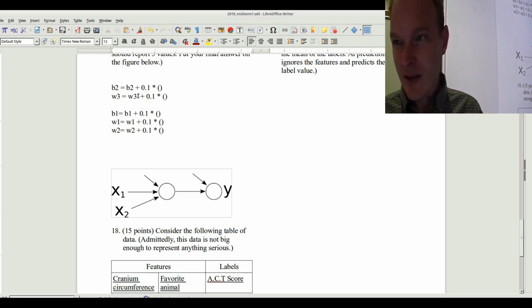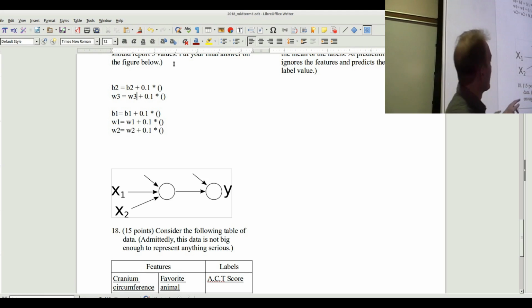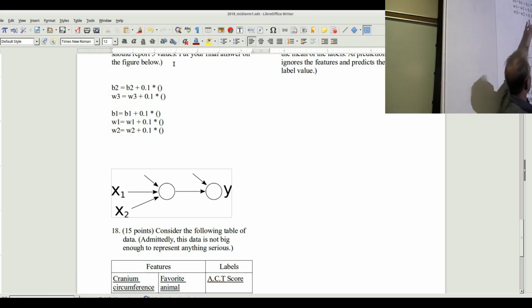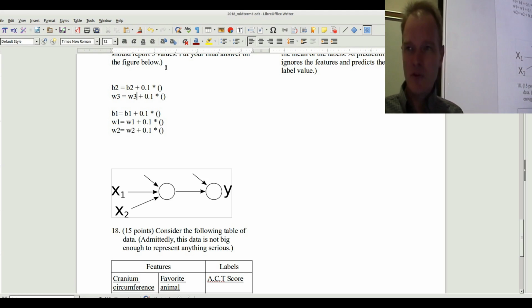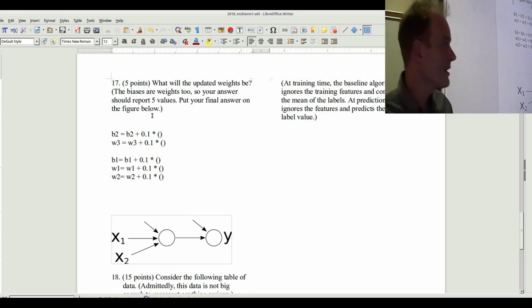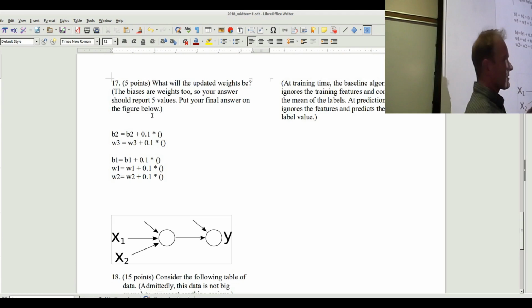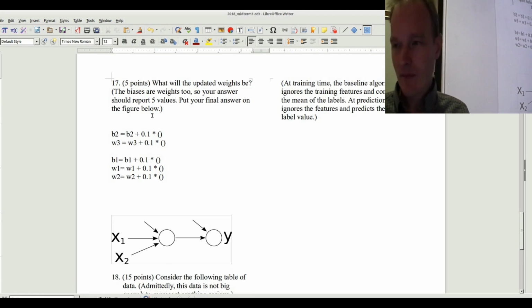I'm basically saying, for all of them, take what used to be there and add the learning rate times something, times whatever the gradient is. Some of you computed the gradient term separately and then added it to the weights. That's cool, good way to do it. I'm just going to do it on one line. Most of you did it this way.